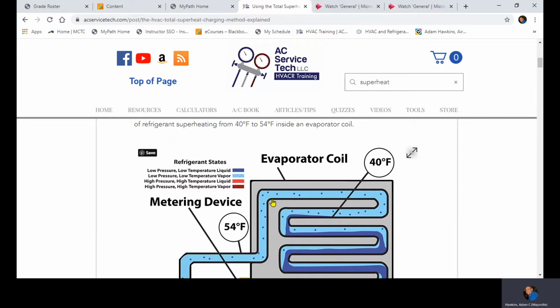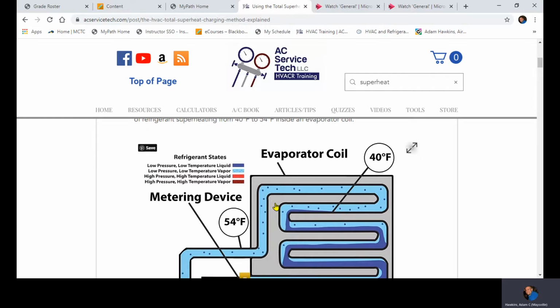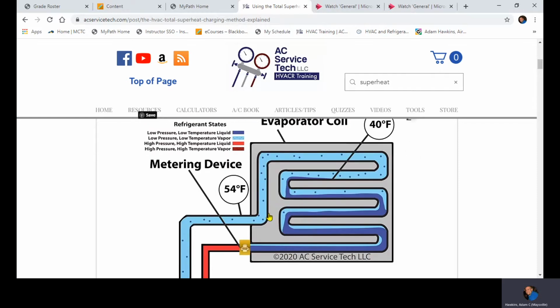So why not have 100 degrees of superheat, or 50, or 20? How much is too much, how much is not enough? Well, we'll learn how to do what we call target superheat later on, but for now, if you stay in the 8 to 14 degree range, that's a good range.